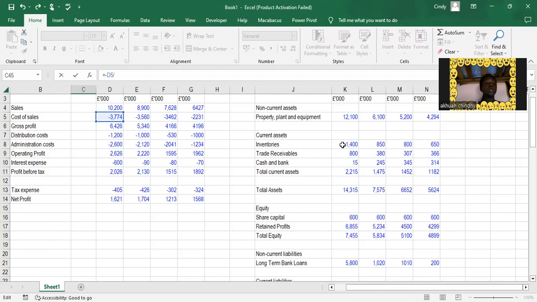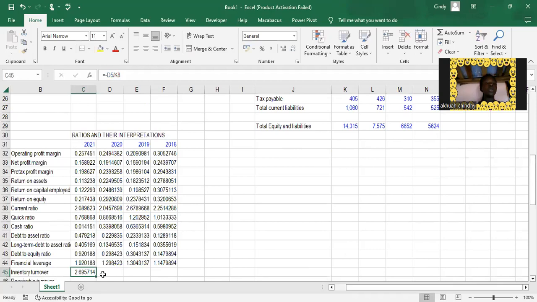In the case where they would have given us opening inventory and closing inventory, you don't just take the closing inventory, but you take both the opening and closing and divide by 2 to get an average, and then use that to calculate your inventory turnover. So here we'll pick our cost of goods sold, we'll negate it so that it becomes positive, then we divide by our inventory. Then we get this.